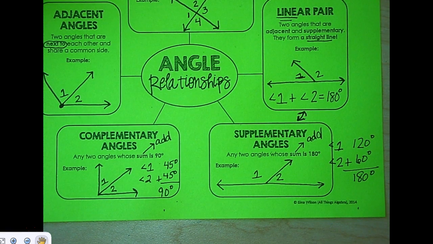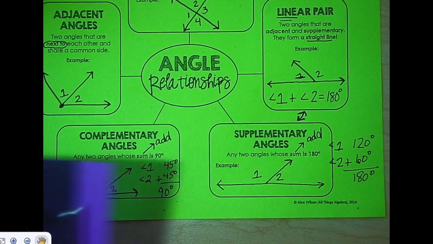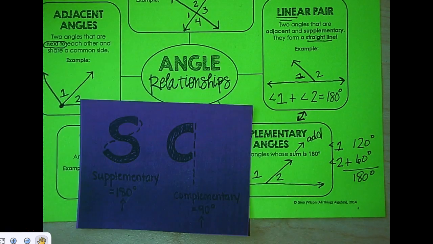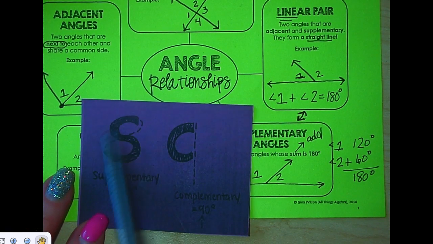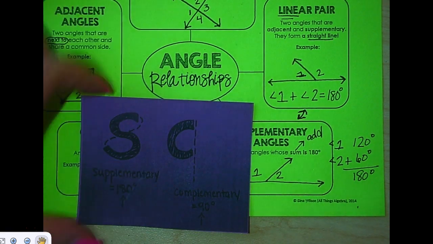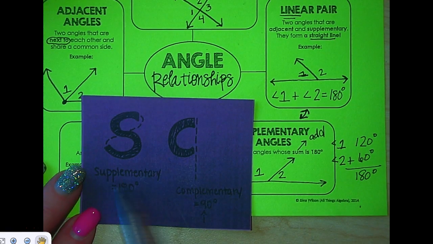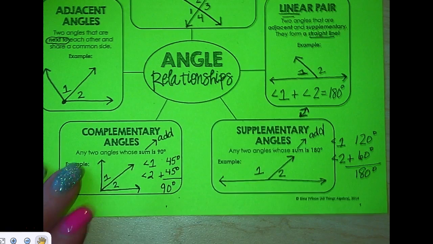So one of the things that can help us remember the difference between complementary and supplementary is this little purple sheet. You've got this little purple sheet right here. So this little hint, the S in supplementary can, if I add this little line right here, supplementary becomes an 8.